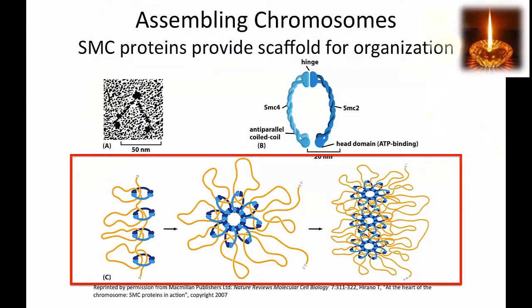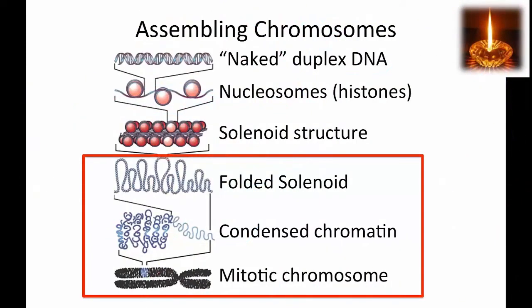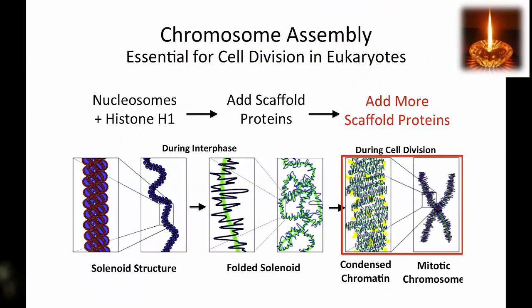They first bind, and then they form this 8-membered ring, and then those rings stack on top of one another to give the very condensed structure of chromatin just before cell division. So they form the folded solenoid, and then it condenses further, and finally you get the mitotic chromosome.